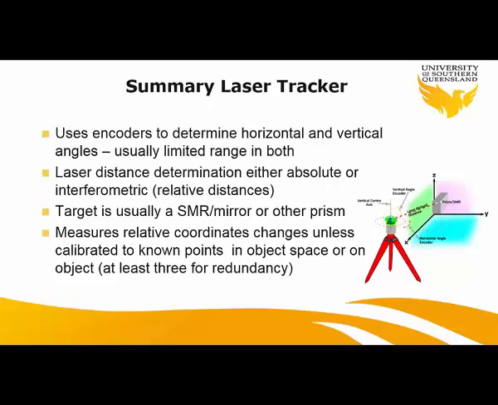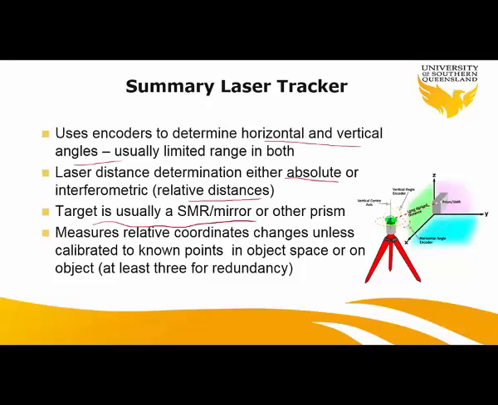So to summarize, if I'm asking you in the exam, for example, what is a laser tracker, you can use these bullet points and explain that laser tracker can measure the distance, either relative or absolute. It can measure the horizontal and vertical angles because it has angle encoders. It can use a target like an SMR or even a probe.